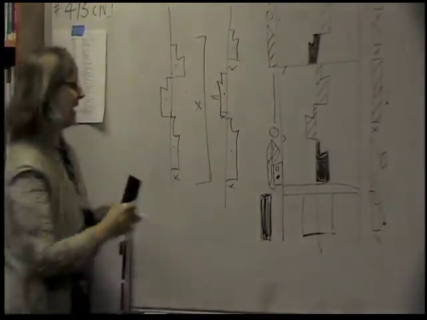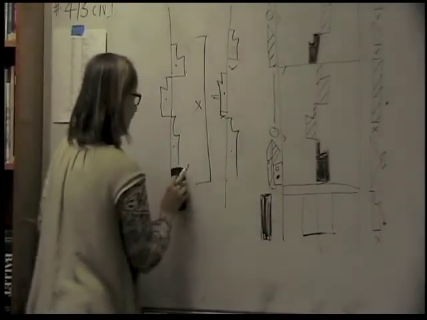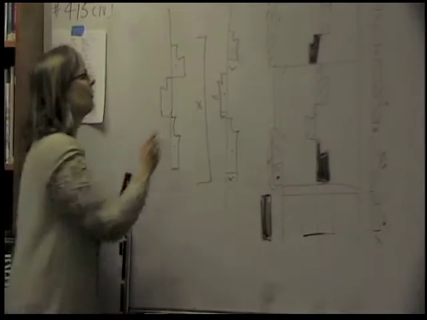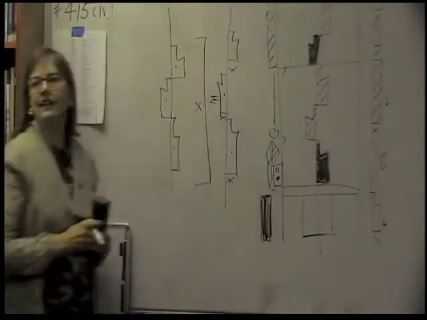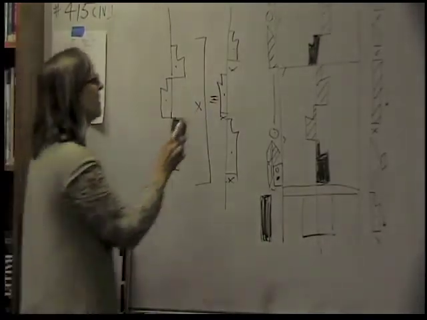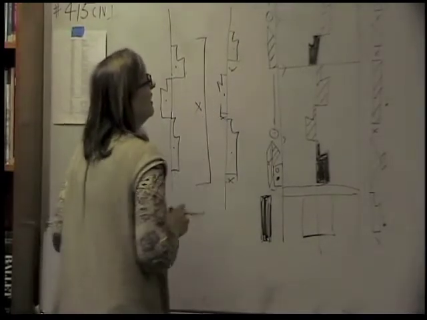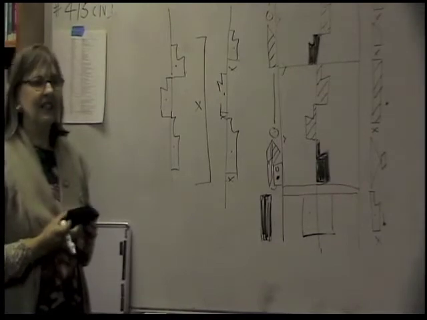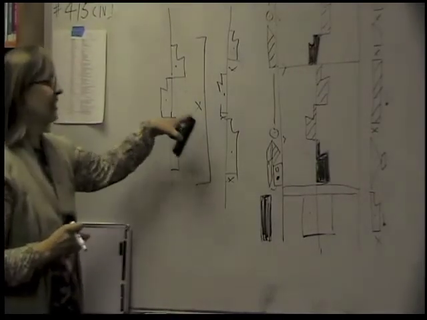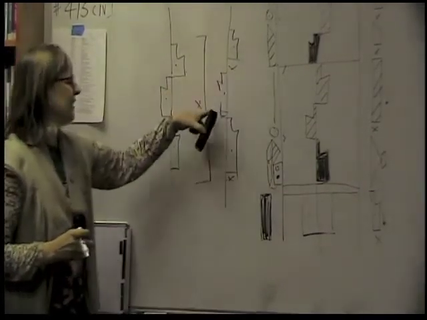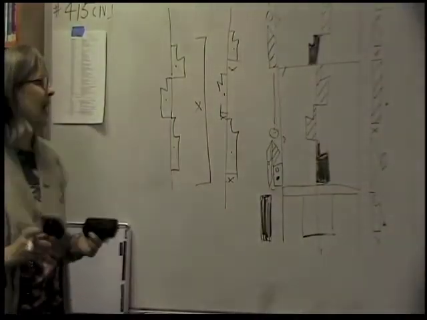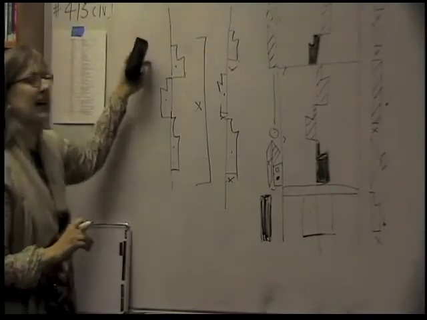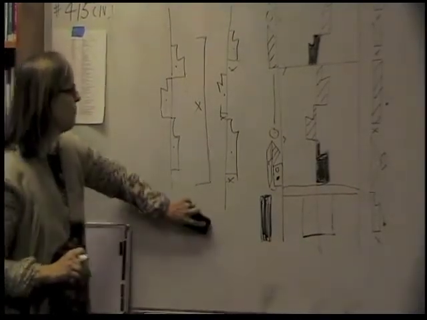Yeah, Lee, you forgot to erase the X. Thank you. That is the equivalent of that. Same thing. When you put the X in the bracket, it means every one of those steps is small. It's modified equally. It applies to every single one.